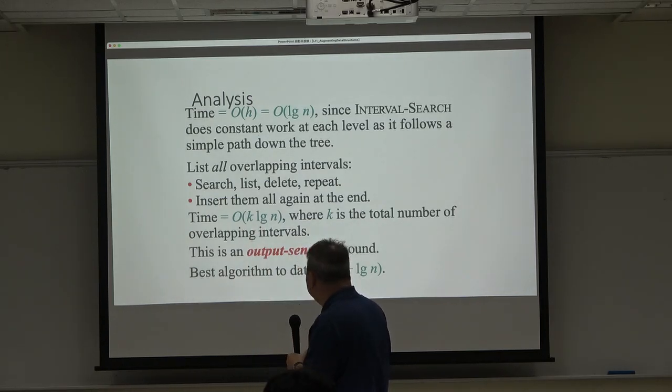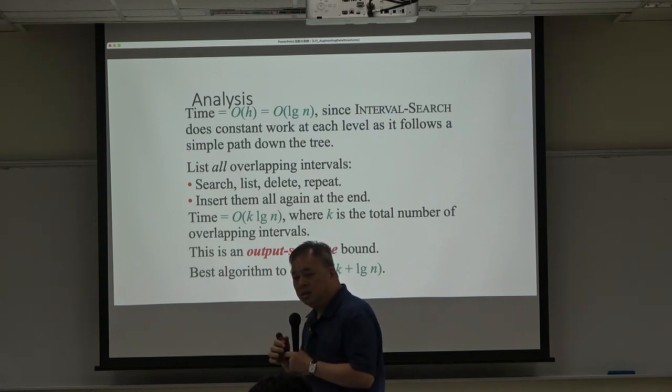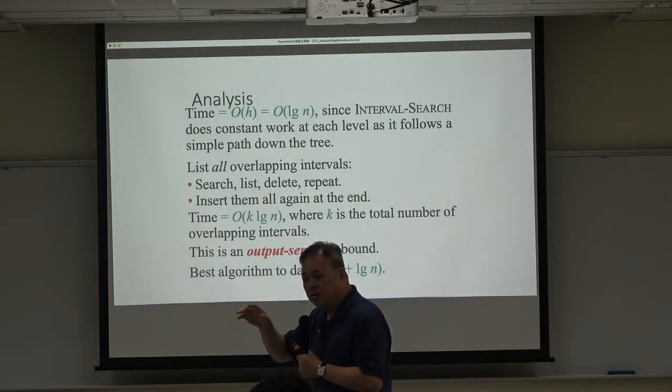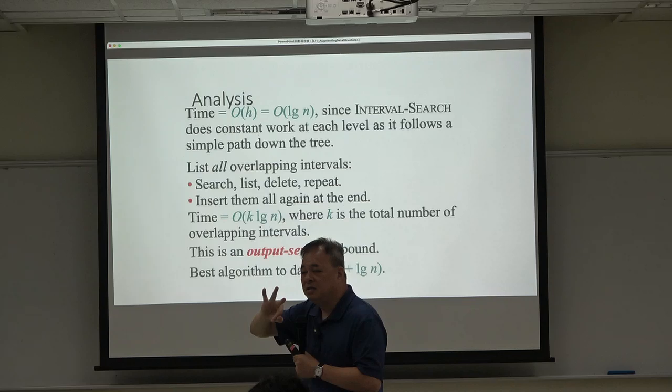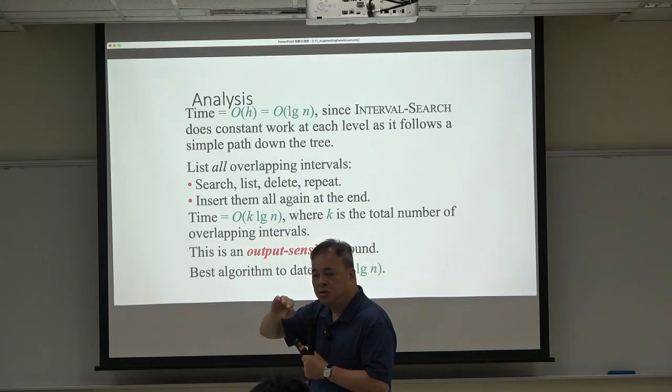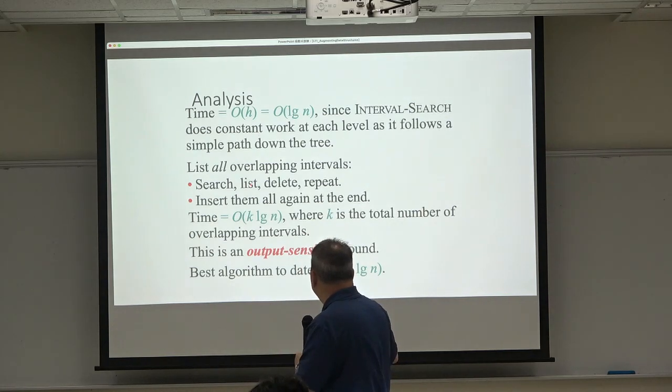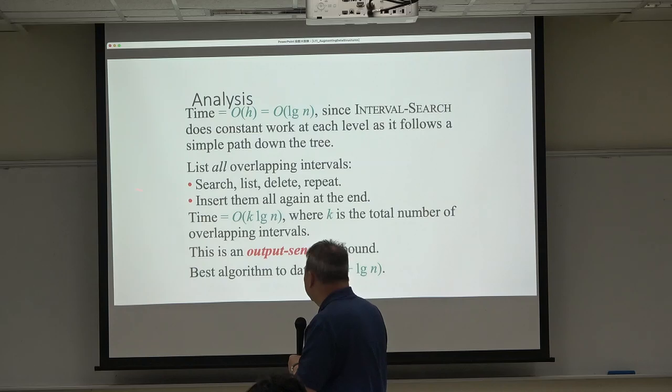And you are going to list it, which takes constant time. Deletion takes log n each. So again, it's k log n. If you find 3 intervals, it's going to be 3 log n operations, right? So k log n, and that's it.